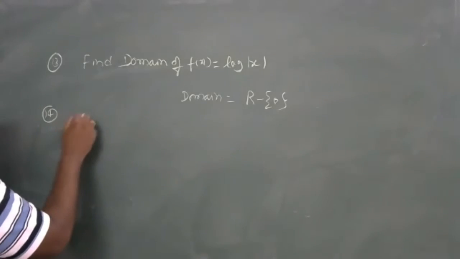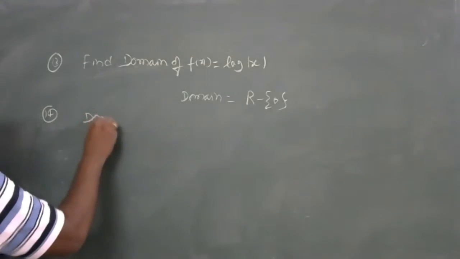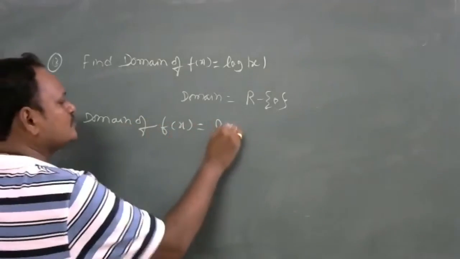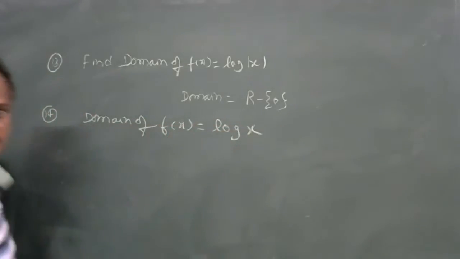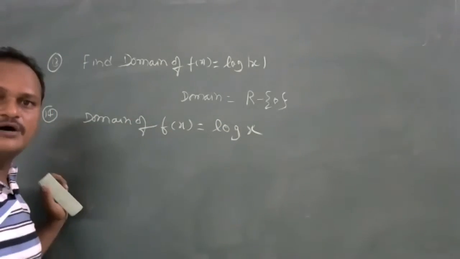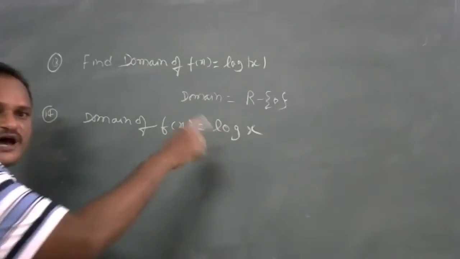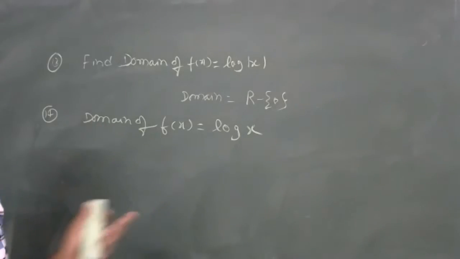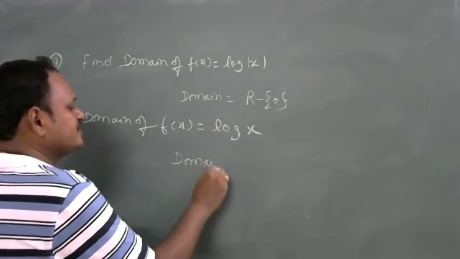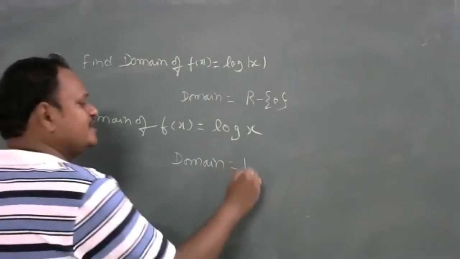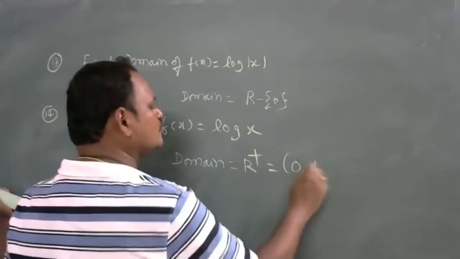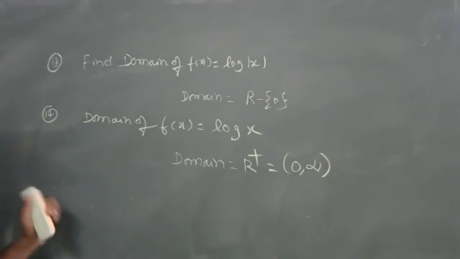Suppose we need the domain of f of x equal to log x, without mod, only log x without modulus. Then how are we going to do this problem, my dear students? You know that logarithm is defined only for positive real numbers. Therefore, in this case the domain is R plus, the set of all positive real numbers, that means the open interval 0 to infinity.